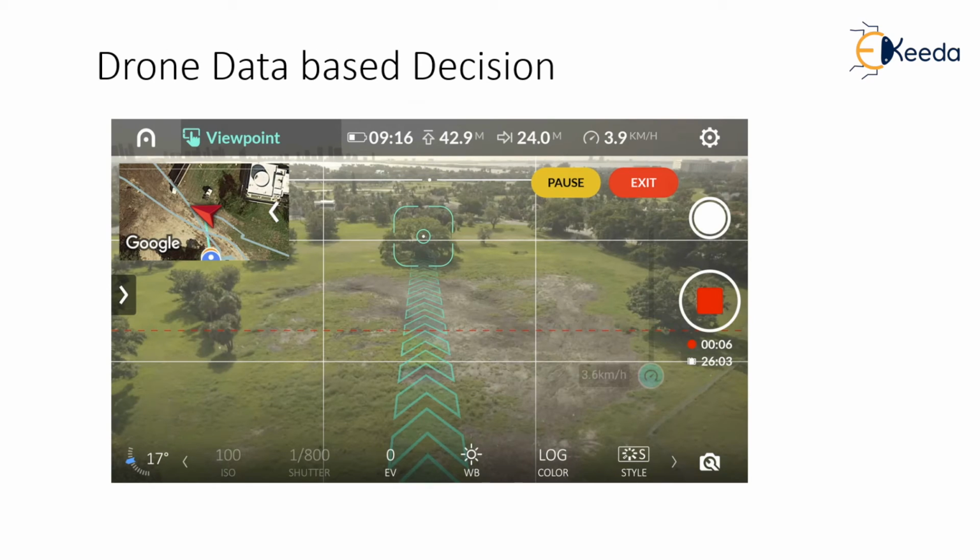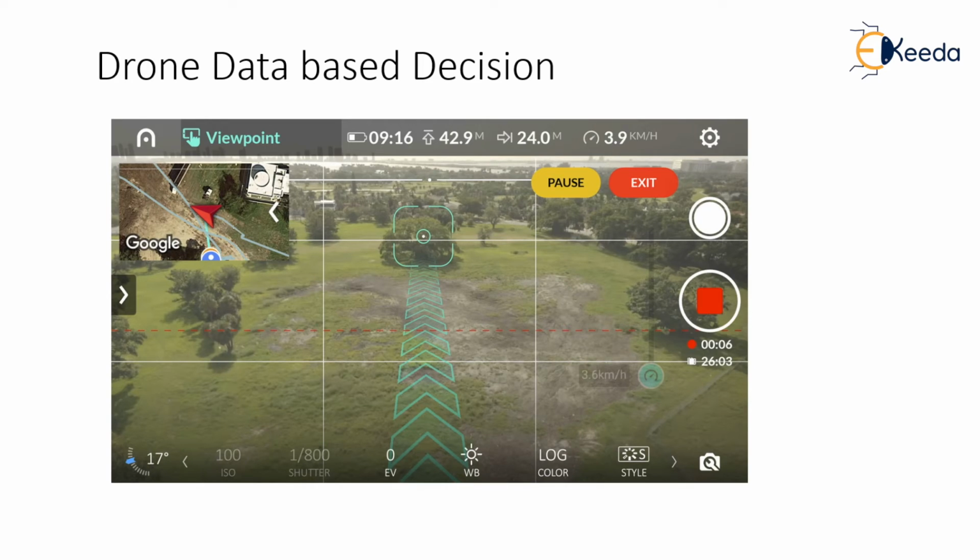The present slide discusses drone data based decision making. Since the data is available in real time on the ground station, it enables the pilot to take immediate decisions. For example, one of the drone applications is drone patrolling and violation detection on roads.